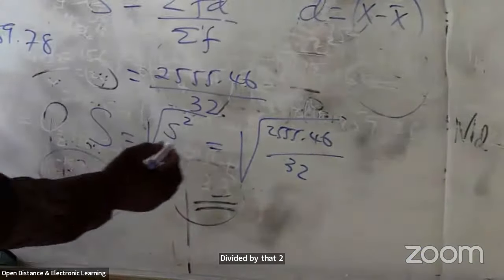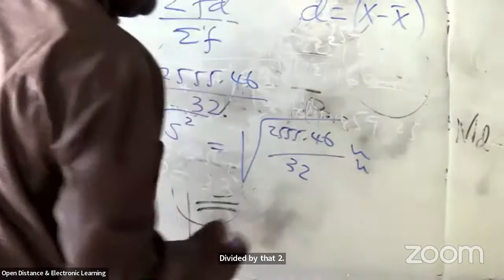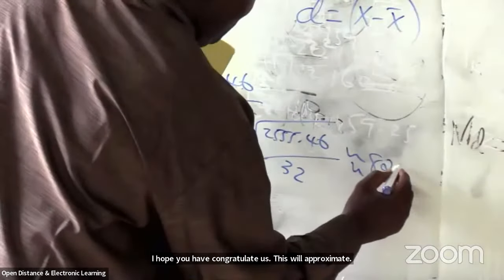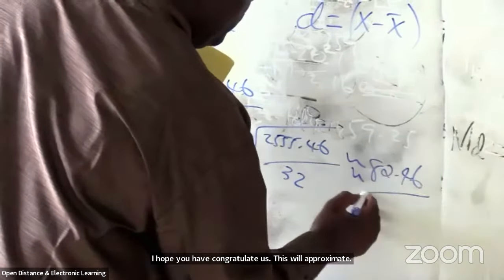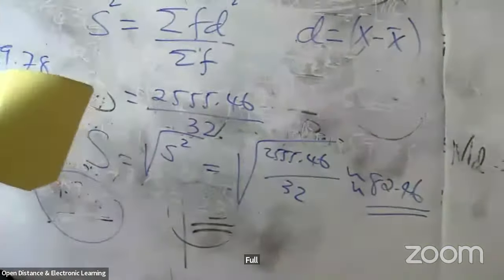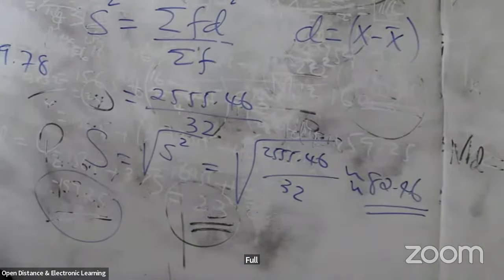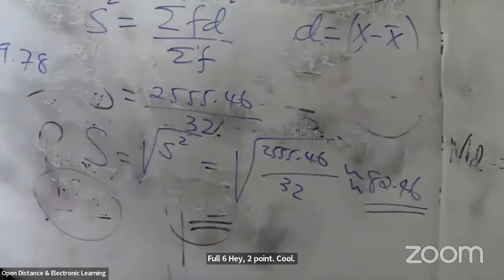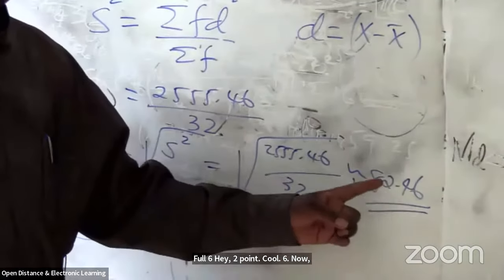I hope you have calculators. This will approximate to 82.46. Now, do we say that this is a large or a small value?